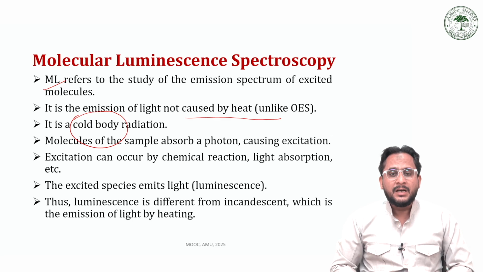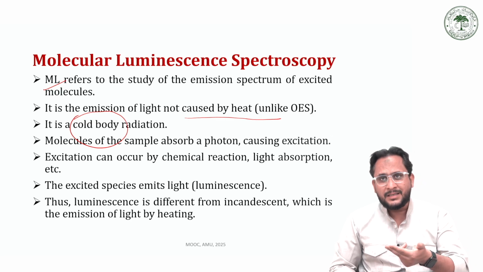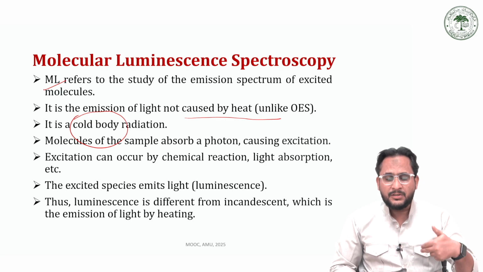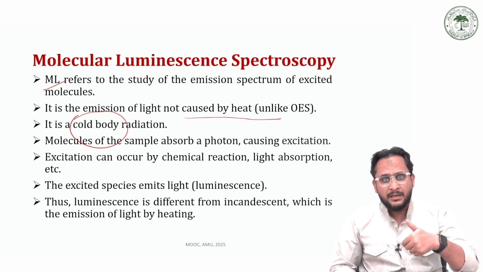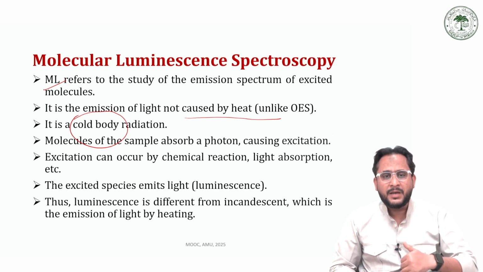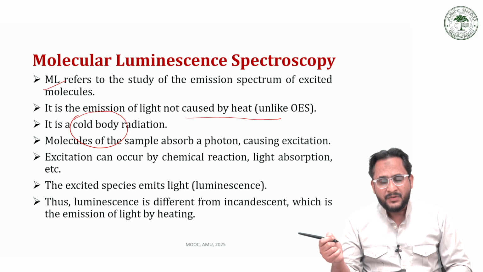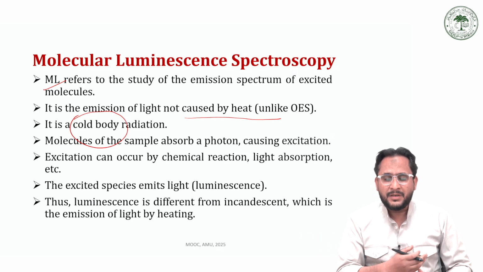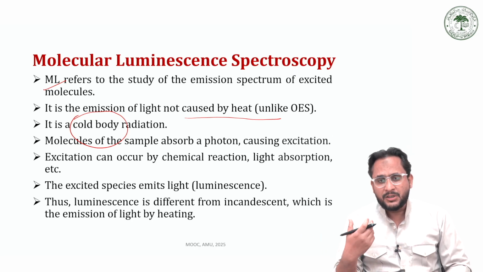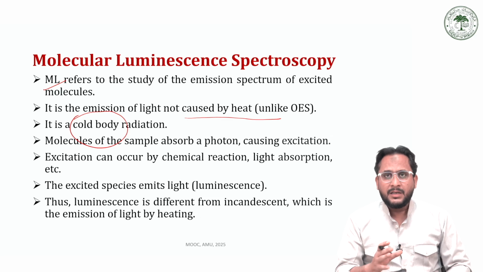Instead we use a light source to excite the sample, meaning absorption is also taking place, and then the excited sample returns from the excited state back to its ground state, releasing light radiation which is captured by the detector. So an emission spectrum is generated.